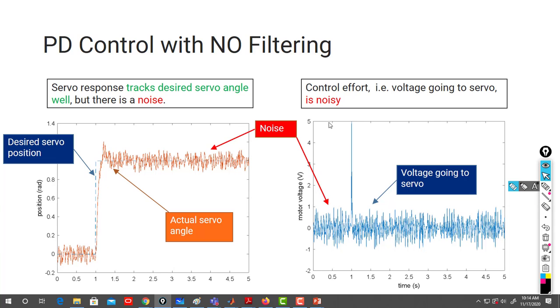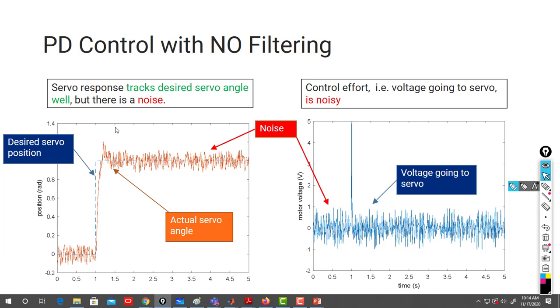I have noise, but I have no filter, just simple PD control. If you look at the position at 1 second, it's noisy. The measurements are noisy. That's the actual servo angle, whatever I'm measuring from my sensor, and that's my desired. So I'm following it, but with noise.